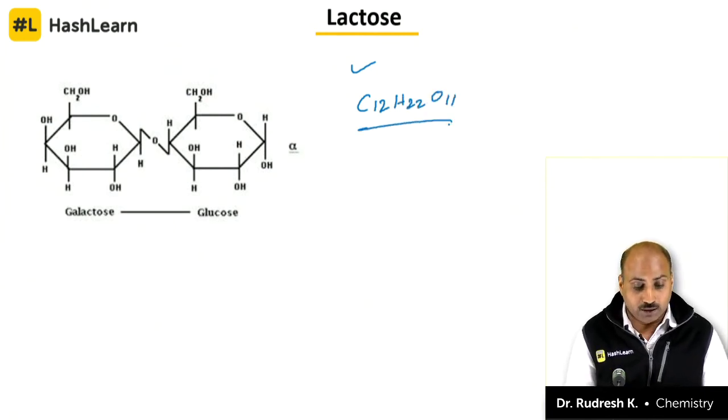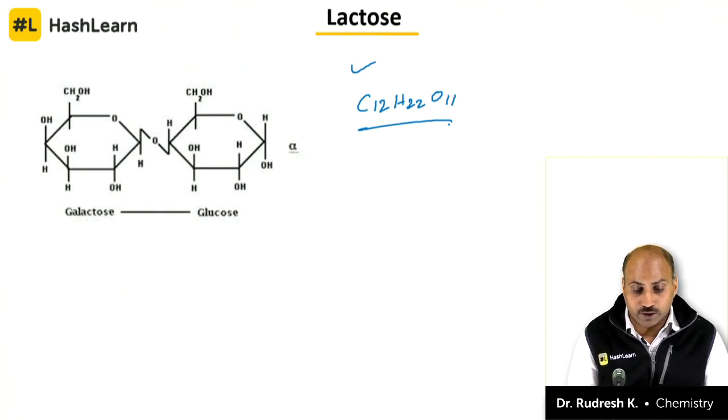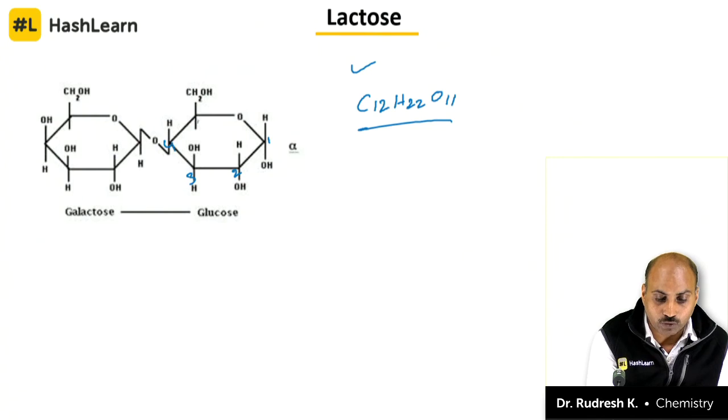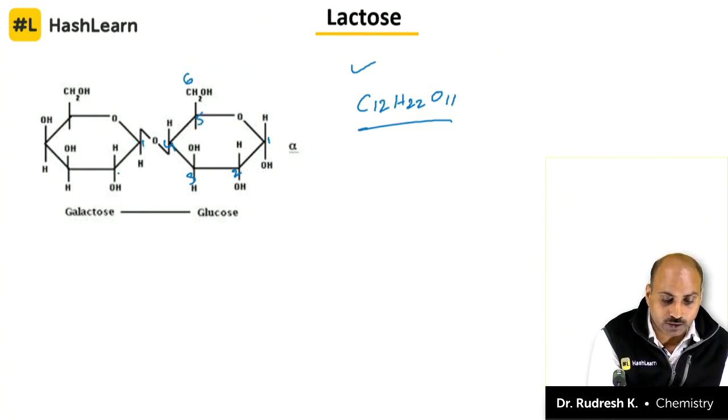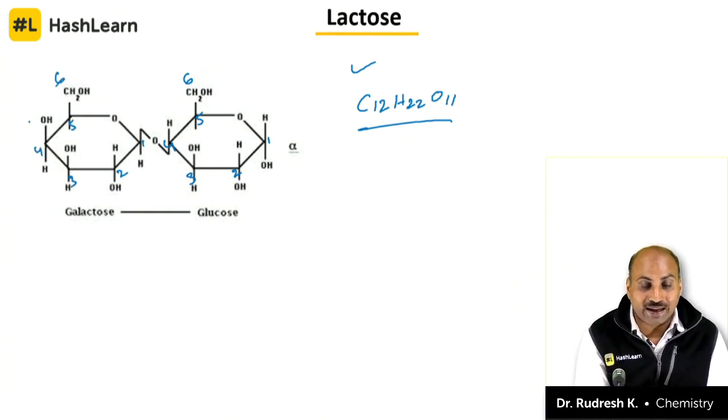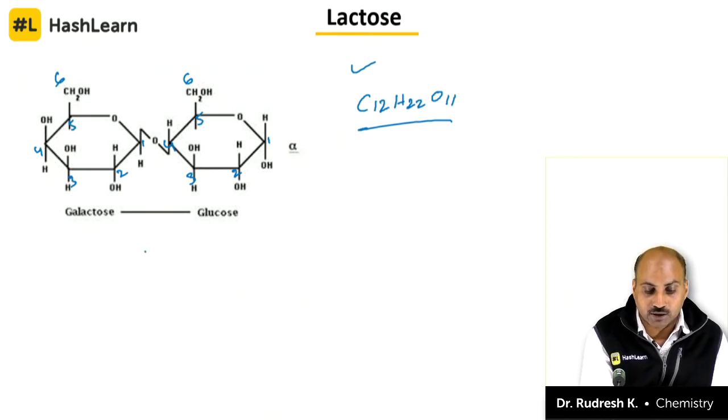When we look at the molecule carefully, the carbons 1, 2, 3, 4, 5 and 6 here, and once again here 1, 2, 3, 4, 5 and 6. Now, if you observe carefully, there is a trans glycosidic linkage when compared to the other. That means here you are going to get a 1,4 glycosidic linkage.